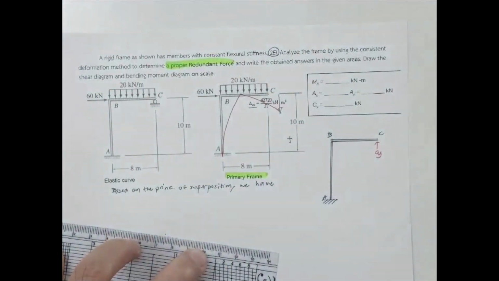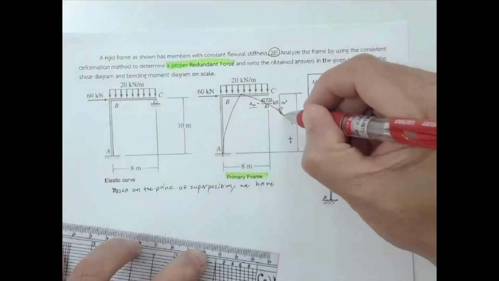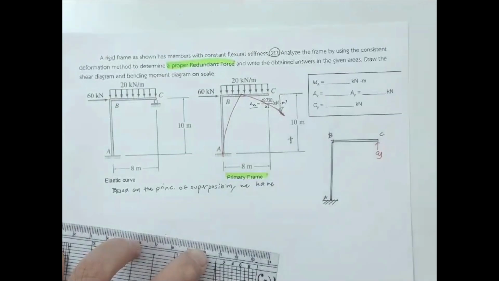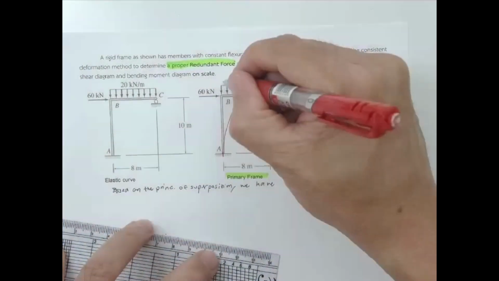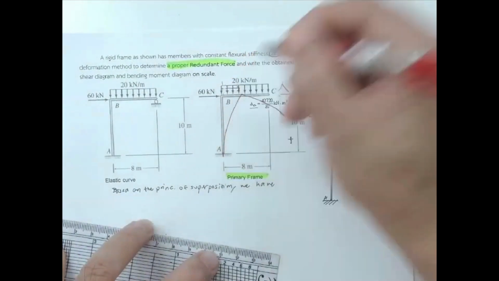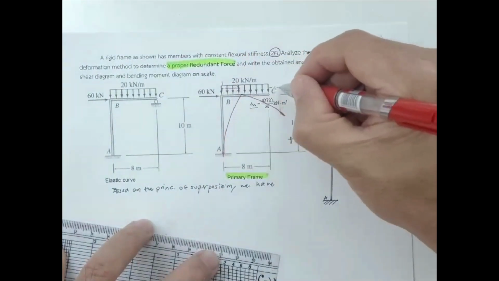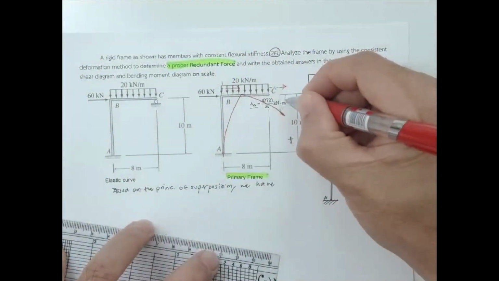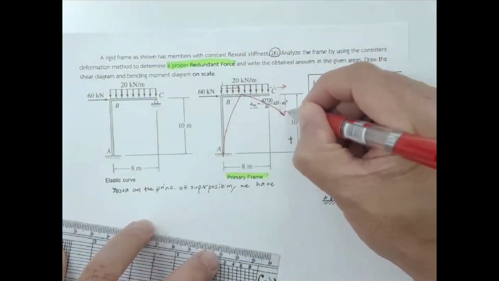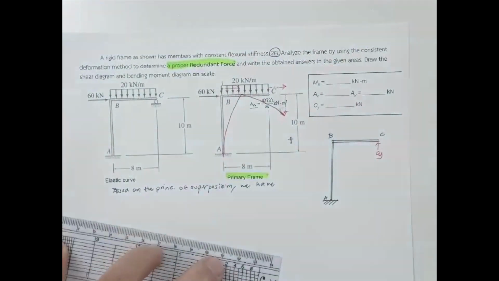In reality, this is not really correct. Let me redraw the deformation to make it more detailed. Actually, the horizontal displacement here and the horizontal displacement here must be equal. So the projection from here to here, again, is going to be delta sub CV.